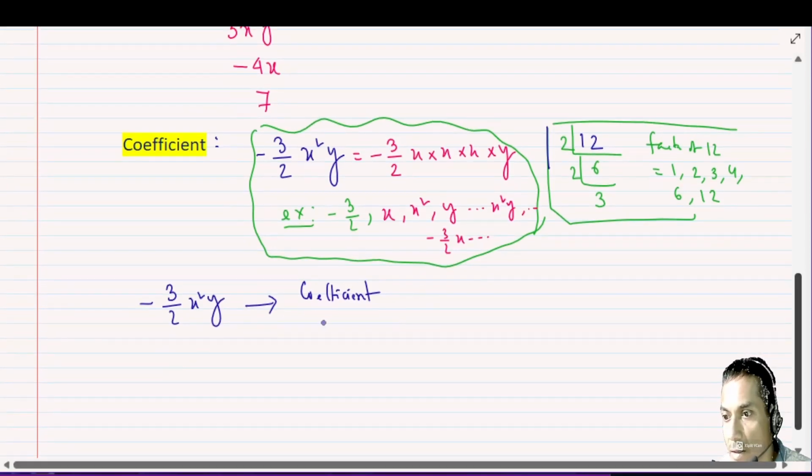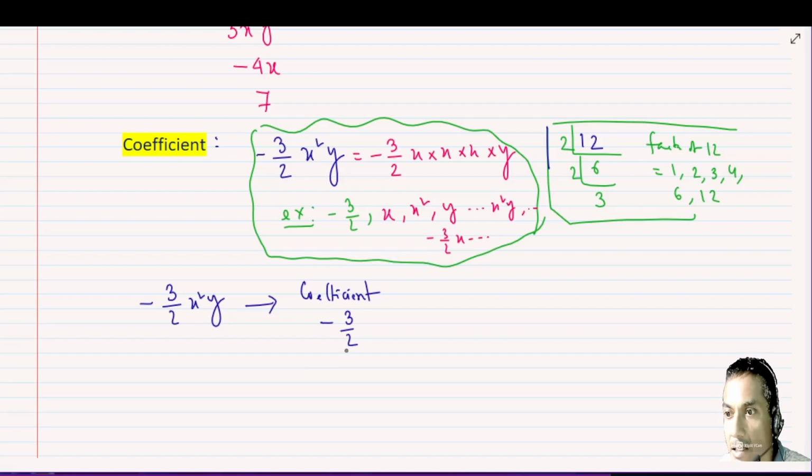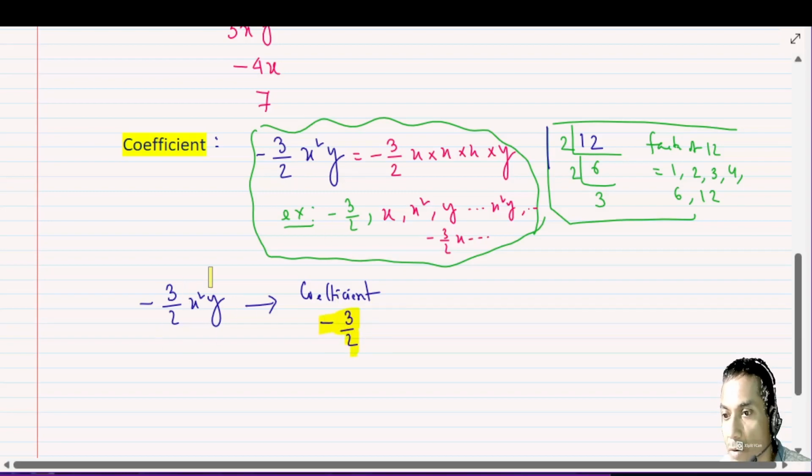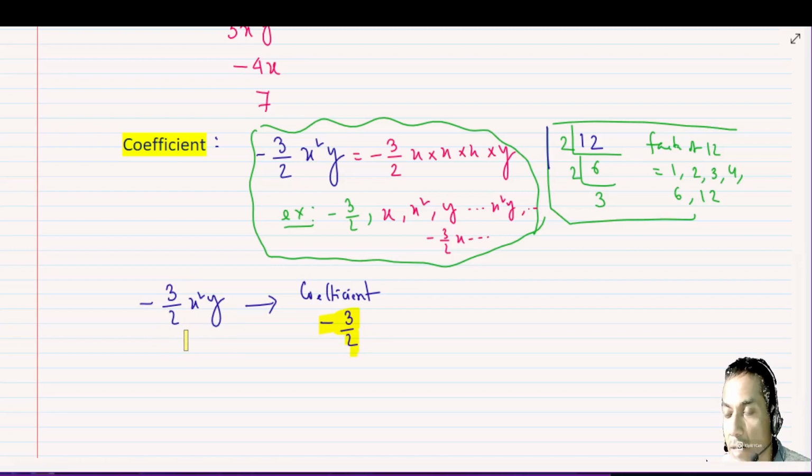Actually minus 3 by 2. If any variable or constant or factor is not mentioned, then we consider minus 3 by 2 as the coefficient of this algebraic expression. We consider only the constant part with the sign. Clear?